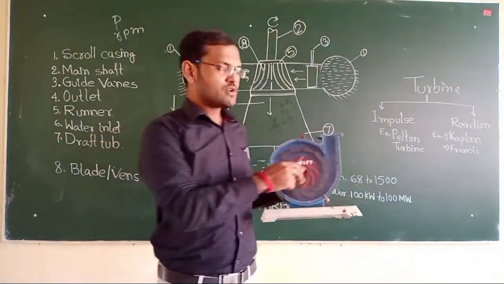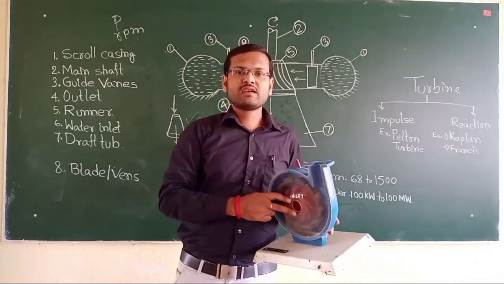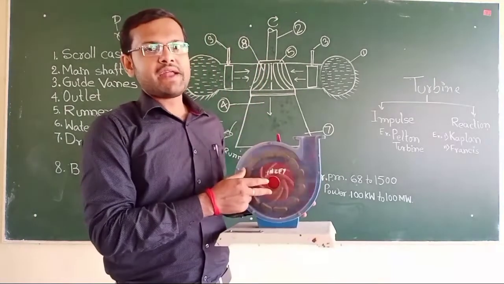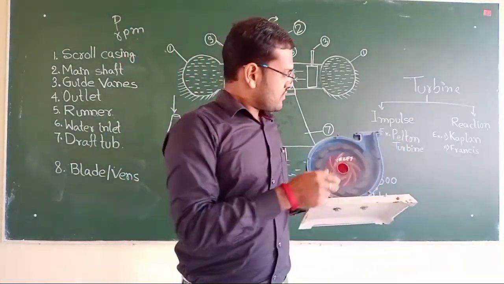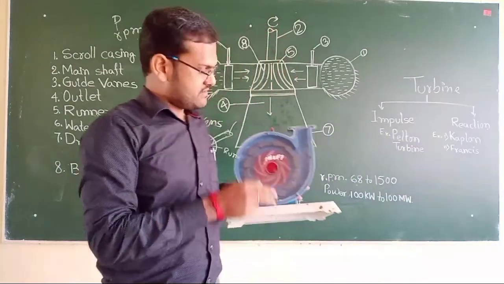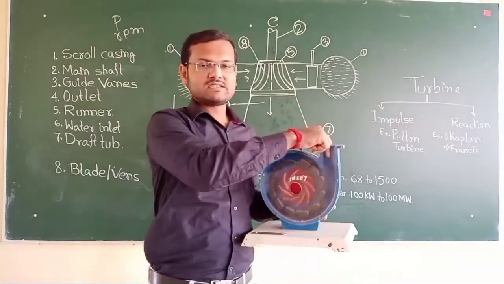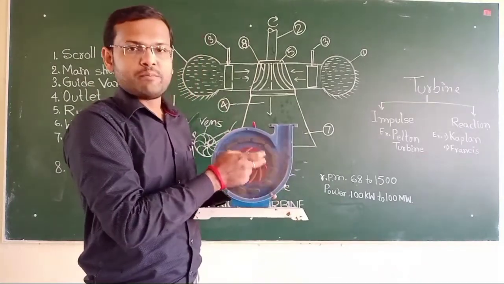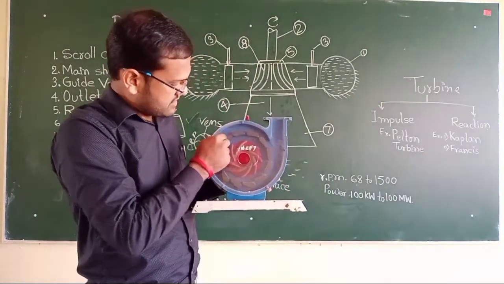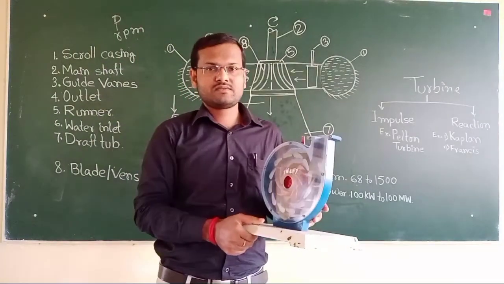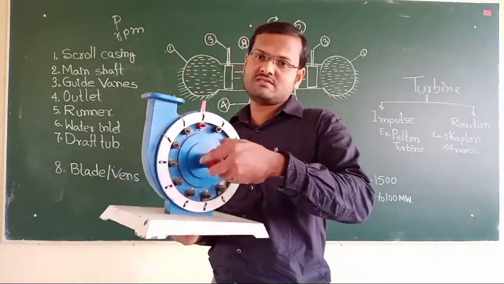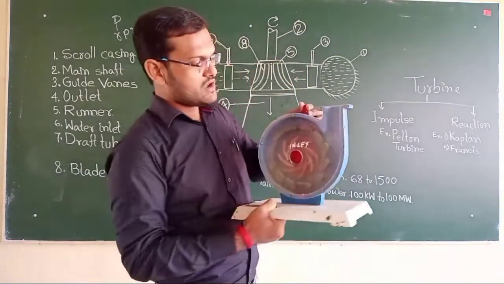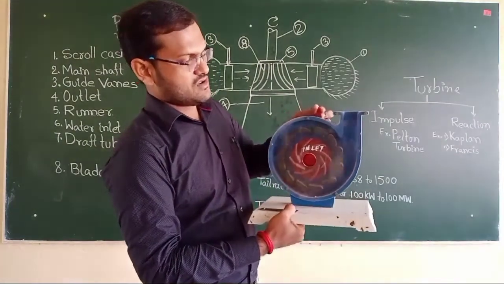Now I want to introduce this Francis turbine model so that you can understand easily and better. This is a model of a Francis turbine. This is the outlet, this is the inlet, and these are the vanes, and these black colored parts are guide vanes, and this is the main shaft, and all the guide vanes can be controlled with these parts or this screw.